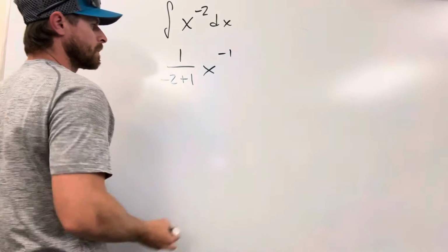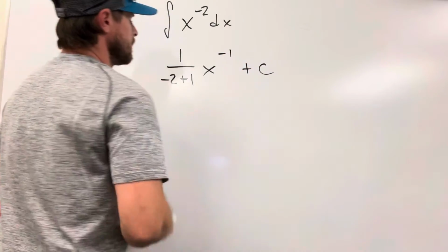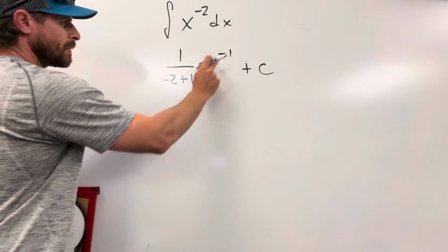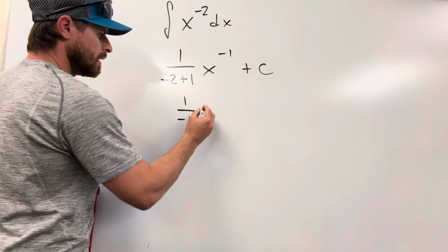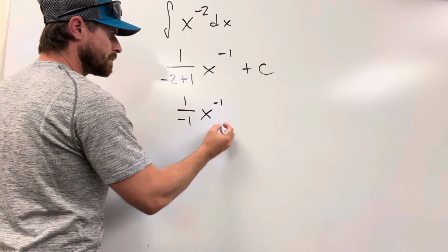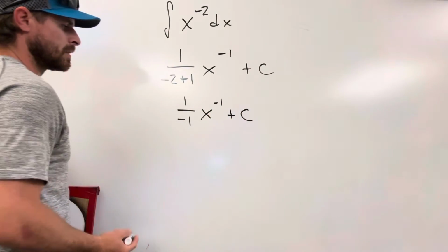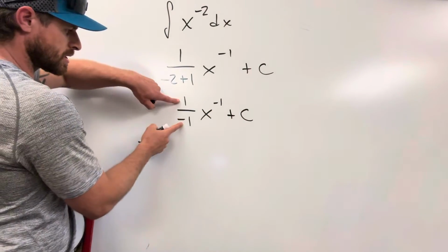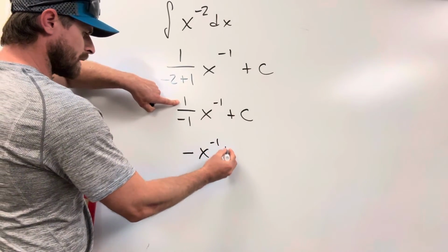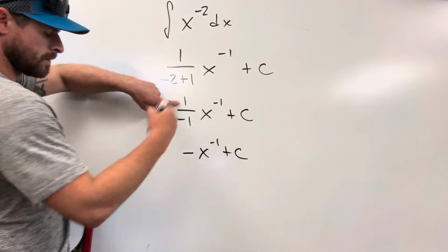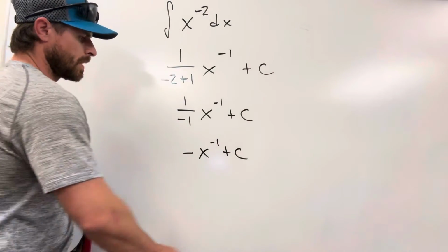It's negative 1. Plus c. Now we got 1 over negative 1, x to the negative 1st power plus c. So what I would expect my students to do here is just eliminate that fraction and just say the opposite of x to the negative 1st power plus c. Ta-da, we're done.